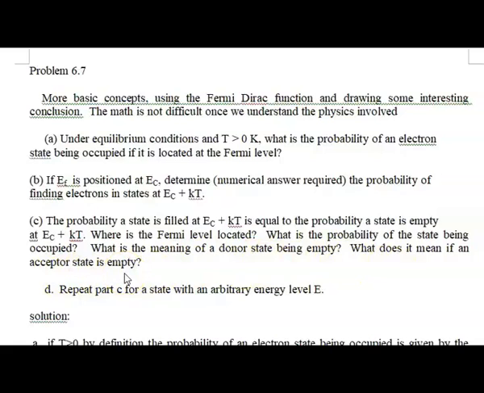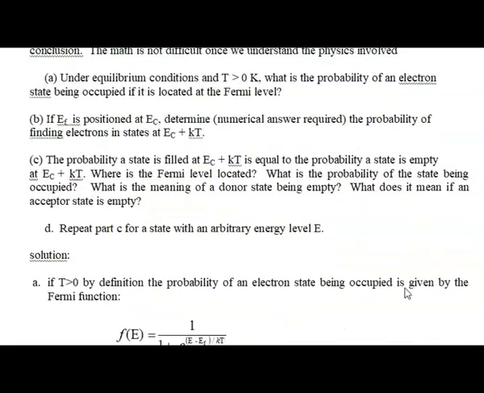If an acceptor state is empty, it has not accepted an electron, therefore it has not contributed a hole to the valence band. It is neutral. Okay, so we won't actually answer those questions when we do the calculation because we just did. And repeat part C for a state with arbitrary level energy E located anywhere within the energy band diagram.